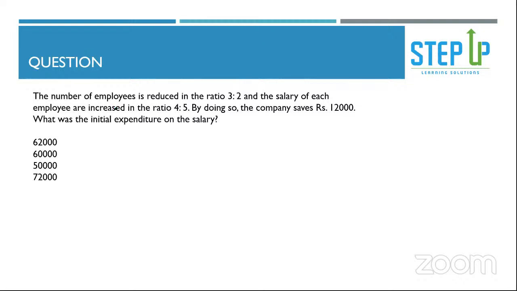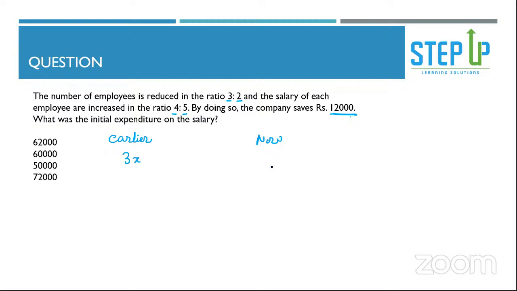All right. The number of employees is reduced in the ratio of 3:2, and the salary of each employee is increased in the ratio of 4:5. By doing so, the company saves rupees 12,000. So earlier it was 3x employees.